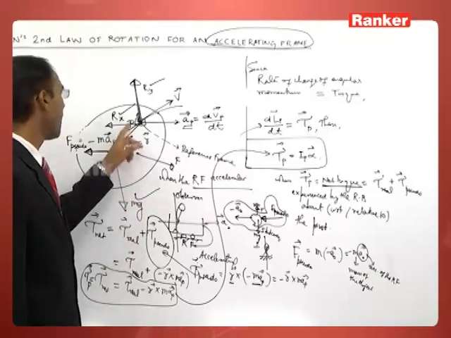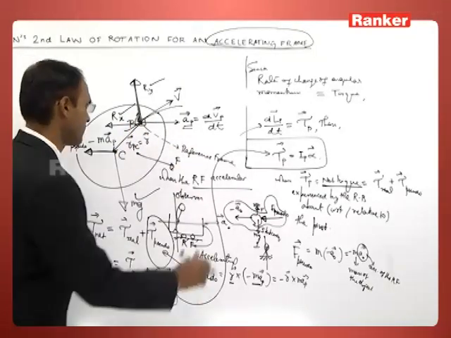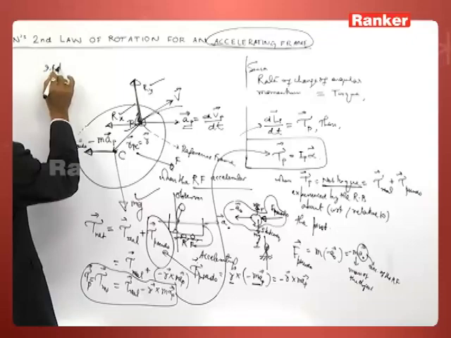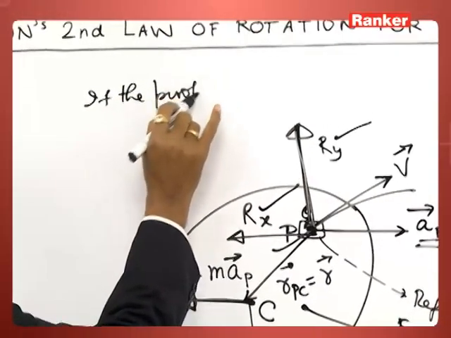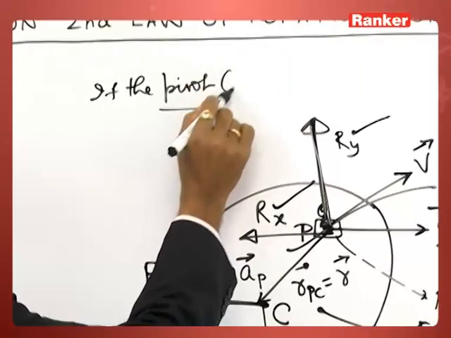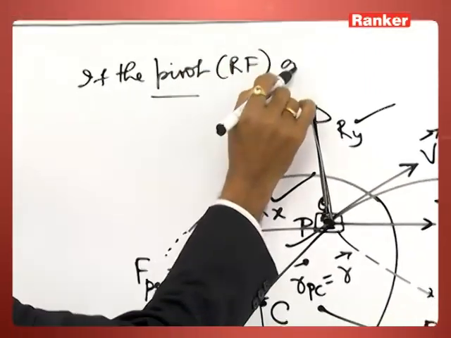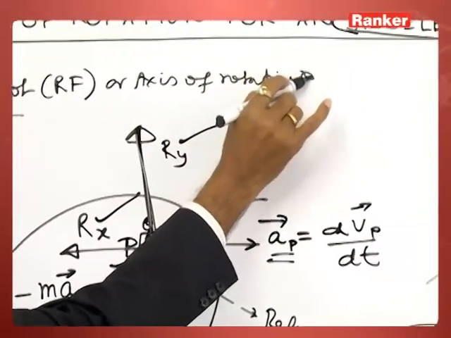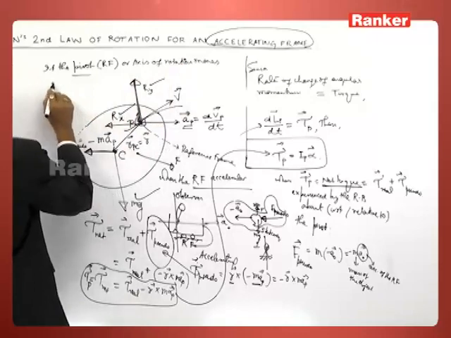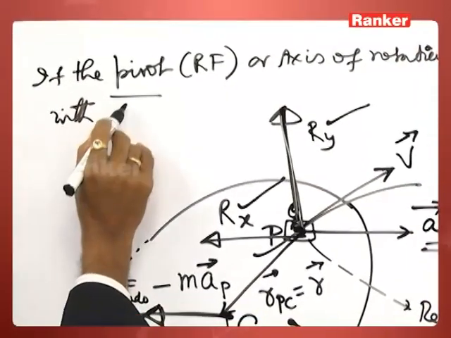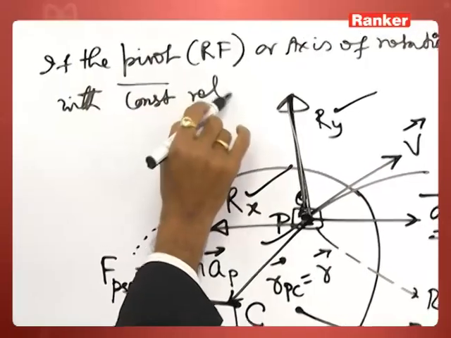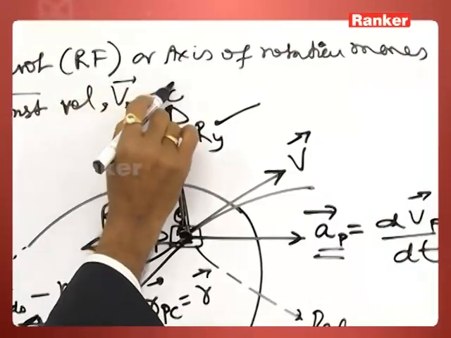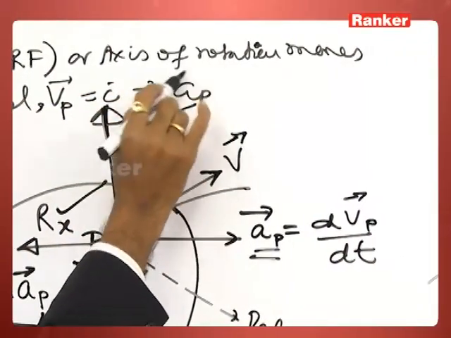When the pivot, or the reference frame or axis of rotation, moves with constant velocity, velocity of this pivot is constant, so you can say that its acceleration will be equal to 0.